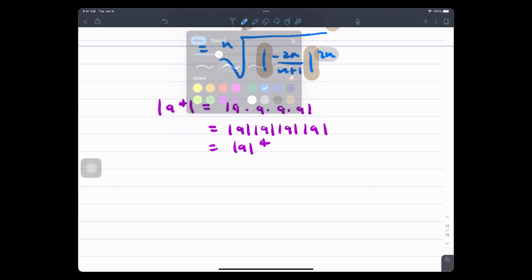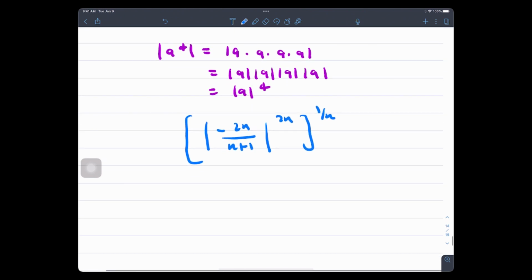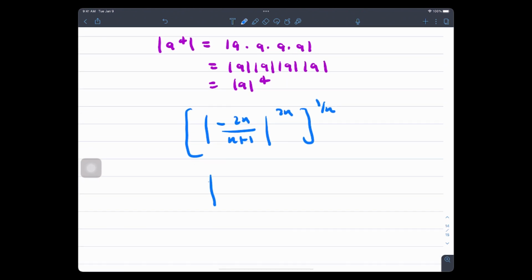If you wanted, you could keep that absolute value 2n. Don't forget the nth root is 1 over n. So you're going to have really that absolute value just squared.